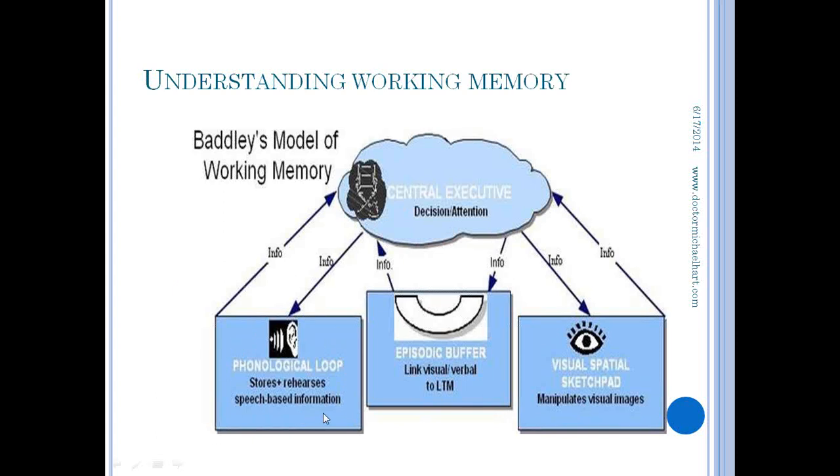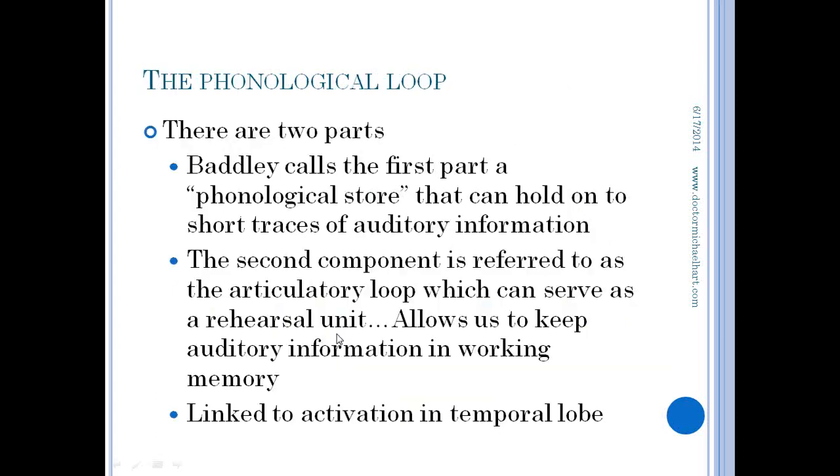So going back to this again, we have the central executive here, and then we have what is called the phonological loop. Basically, the researchers are describing this thing they call the phonological loop that has 2 parts to it. One they considered to be what they call the phonological store.